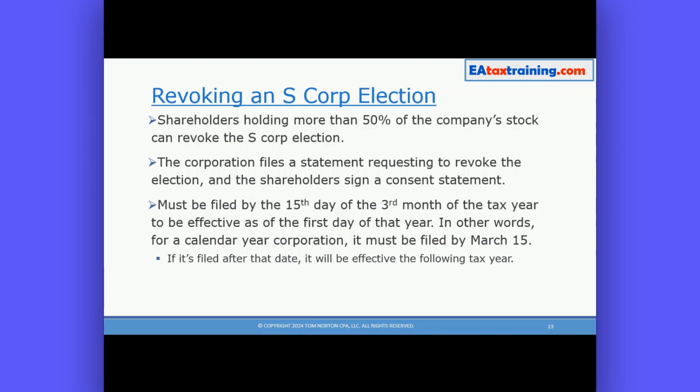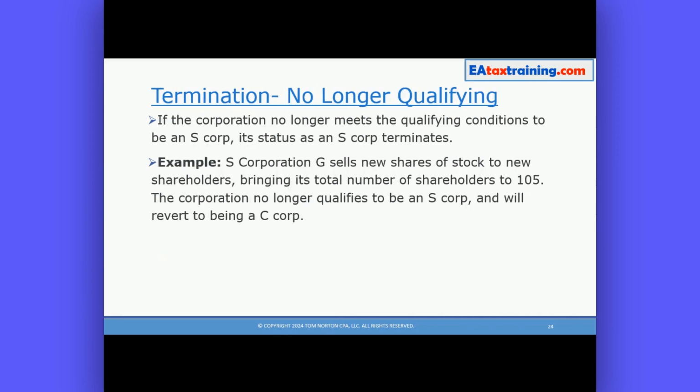This revocation must be filed by the 15th day of the third month of the tax year to be effective as of the first date of that tax year. So if it's a calendar year, they would have to file that by March 15th. If they file it after March 15th, then that revocation will be effective for the following tax year.